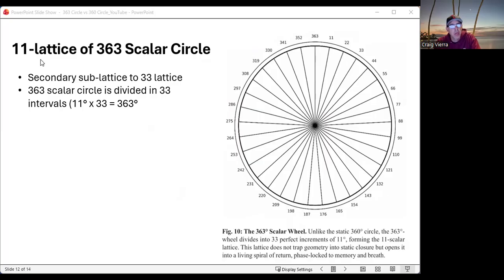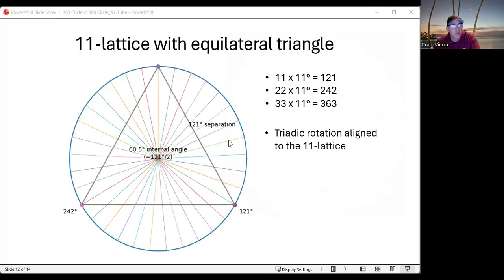So I'm going to call this the 11 lattice. Now, instead of having 11 intervals, we have 33 intervals, each one being 11 degrees. We talk about this in the book as well.